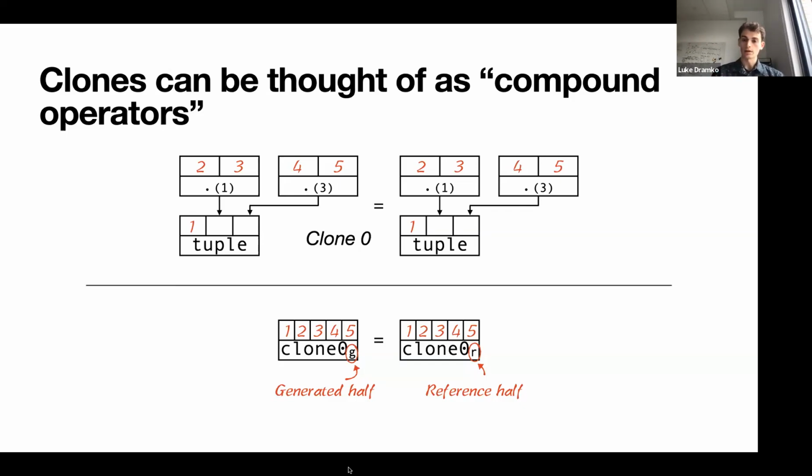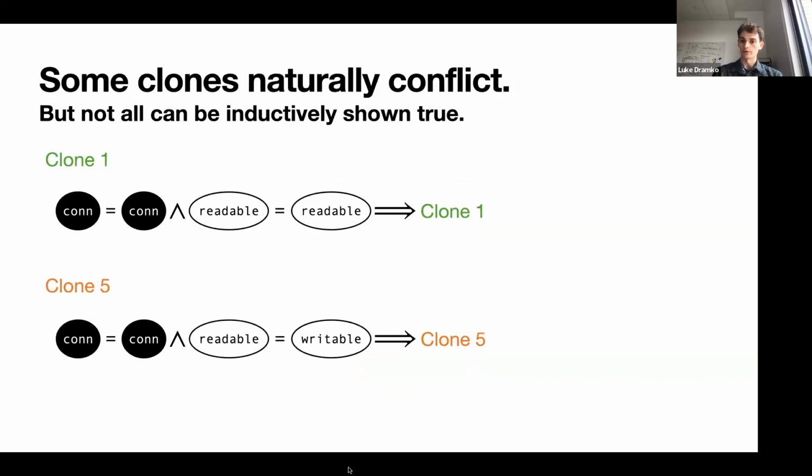So using this insight, we can realize that we can just apply inference. And in doing so, we can prove that some clones are true based on context, and some clones aren't. So for clone 1, con is always the same thing as con, and readable is always the same thing as readable. So at any alpha we pick, this is going to be true.